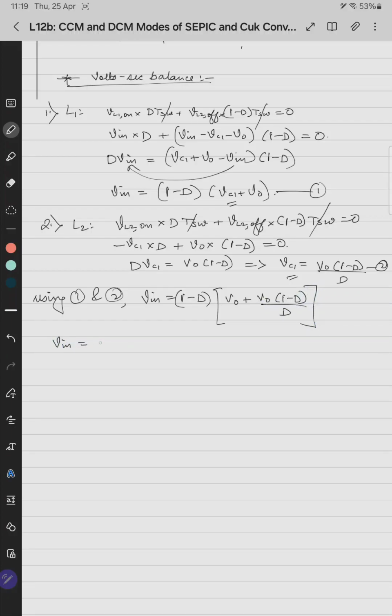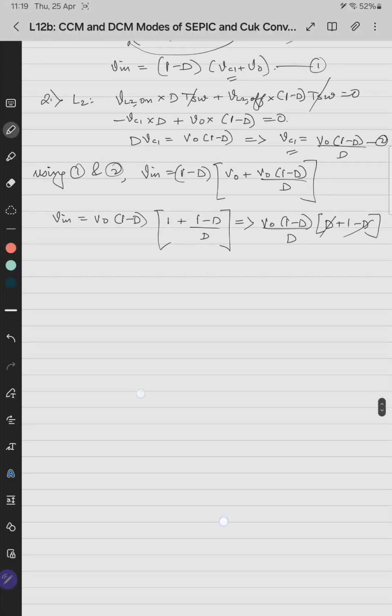If we take V naught common, it is V naught into 1 minus t into 1 plus 1 minus t by t, which becomes V naught into 1 minus t, numerator, denominator it will be d plus 1 minus t, so numerator will be 1. So therefore V in equals to V naught into 1 minus t by d.